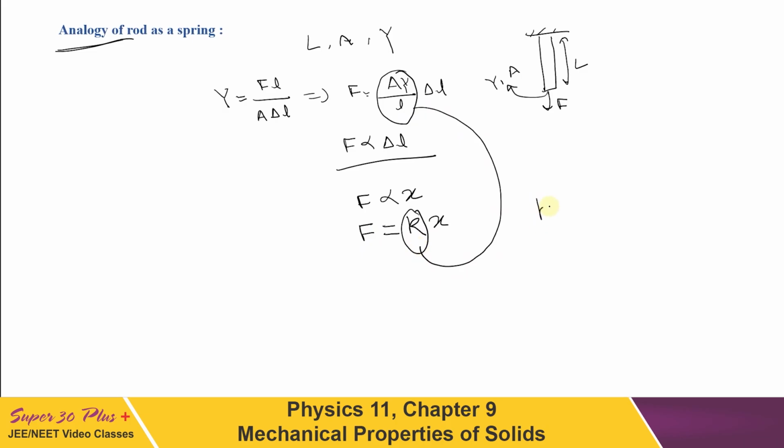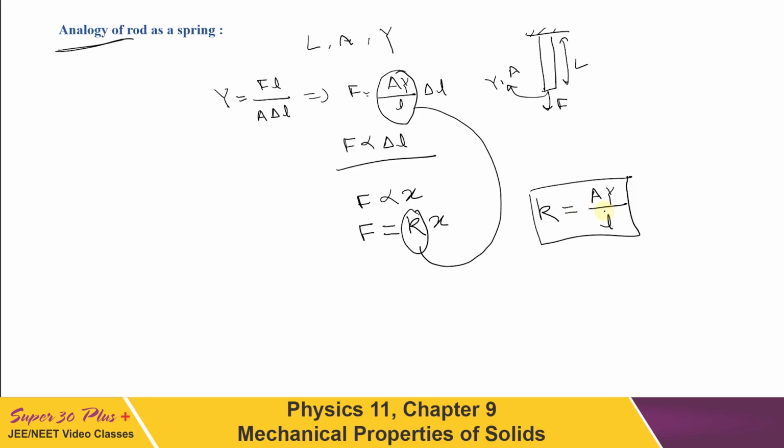So now we can consider an elastic rod to be behaving like a spring, where the spring constant is equal to AY upon L. So it is a spring constant which depends on the area of cross section, the length of the wire and its modulus of elasticity. This kind of model can be used to solve the questions.